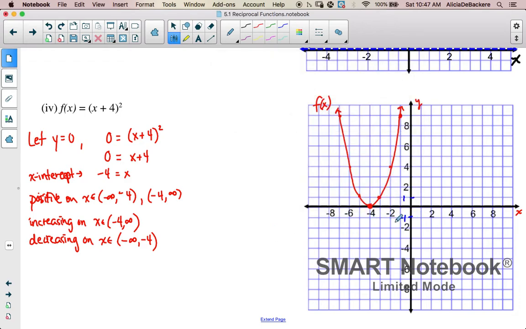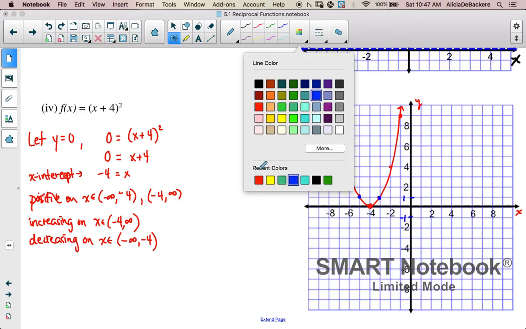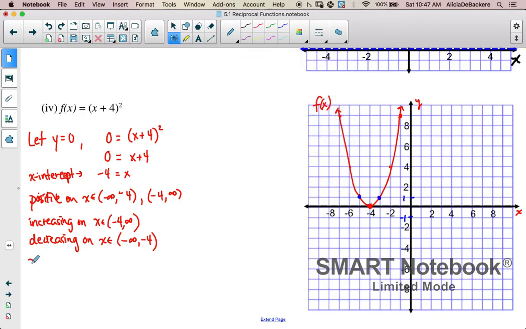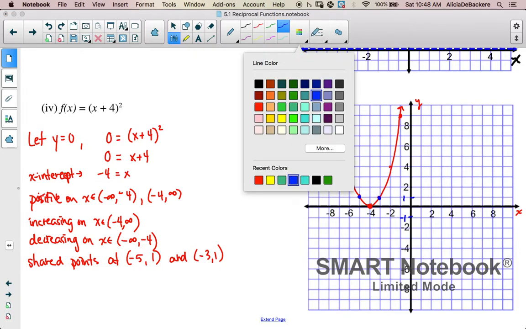So I can see that there's no points across from -1, but we've got 2 values and they are really clear to see from my graphing. So I'm just going to grab them from there. I'm going to have shared points then, at -5, 1, and at -3, 1. So I can mark those right away on my g of x graph.